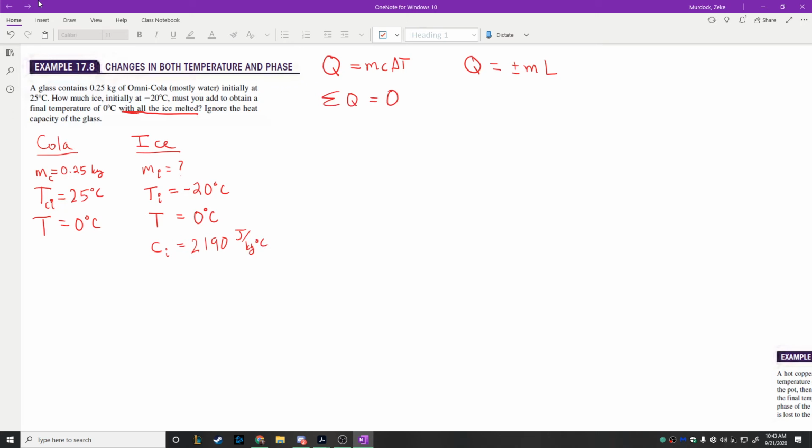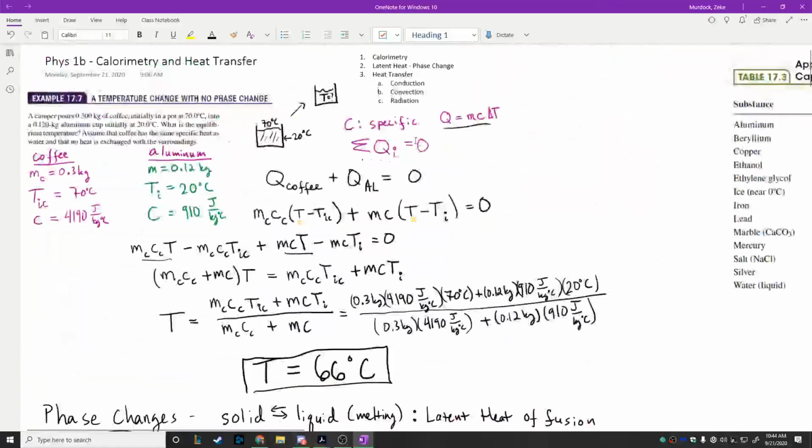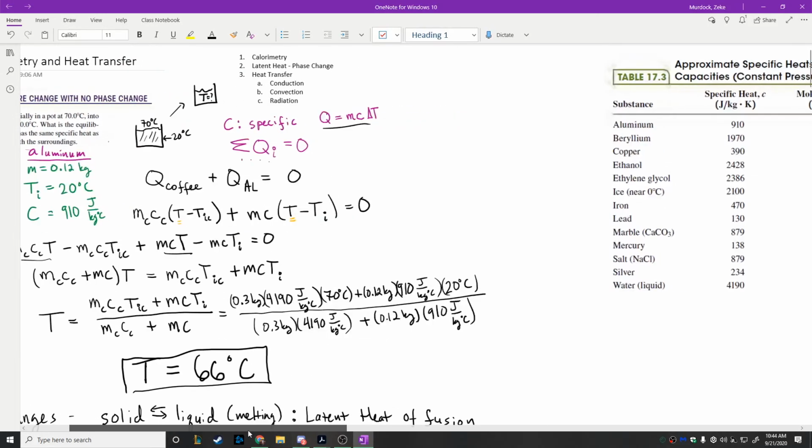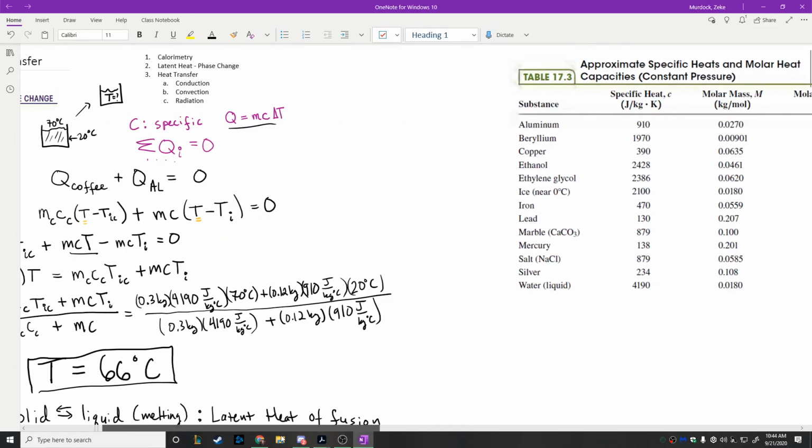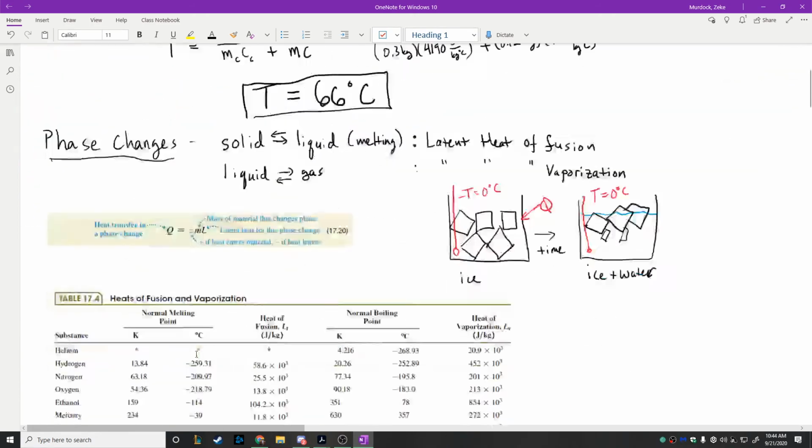And the specific heat of water, or the specific heat of the cola in this case, is going to be 4190. This is probably not, it's not 2190, it's 2090, isn't it? 2,100, okay.